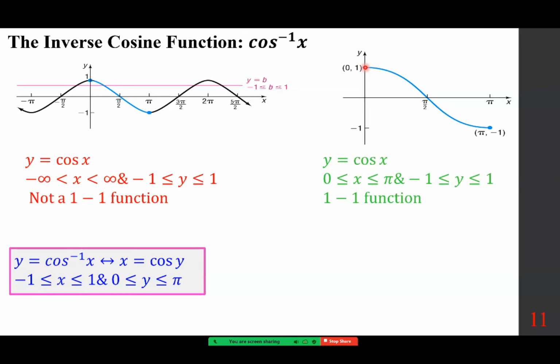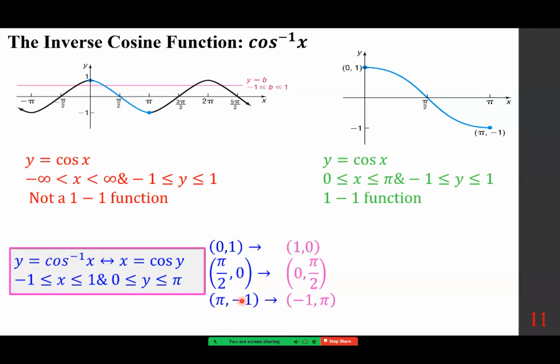So let's look at those pairs: 0, 1; pi over 2, 0; pi, negative 1. Those are the ones on the function y equals cosine x. Corresponding to those pairs, for the inverse function, we interchange x and y: 1, 0; 0, pi over 2; negative 1, pi.